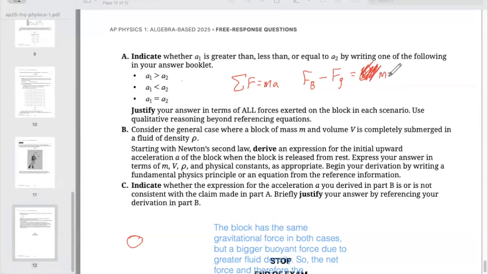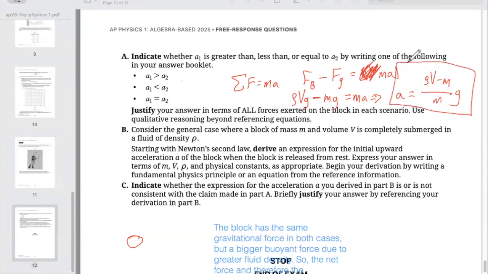So ma, right, buoyant force is equal to rho V g because the entire block is submerged. It'll just be the volume of the block, minus the gravitational force, which is mg, and that should equal ma. Therefore, really, this is easy. Rho V minus m all over m times g. That's your acceleration.